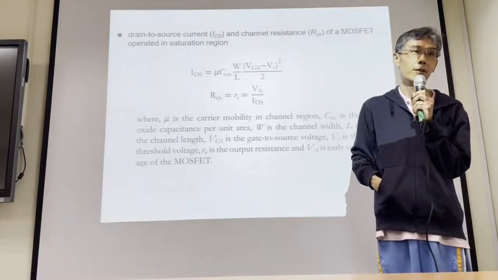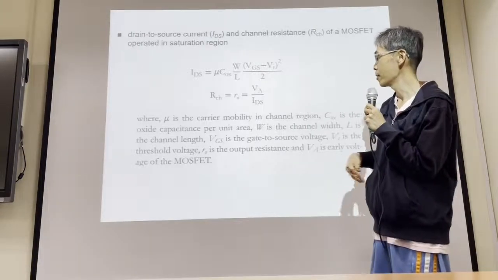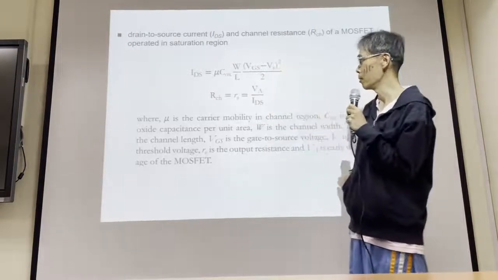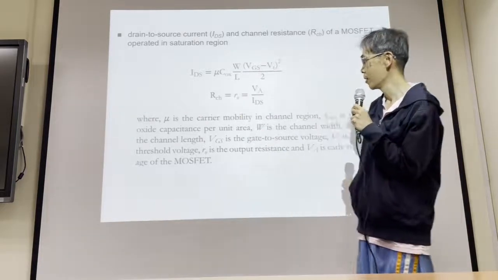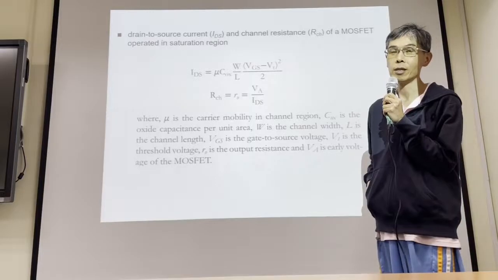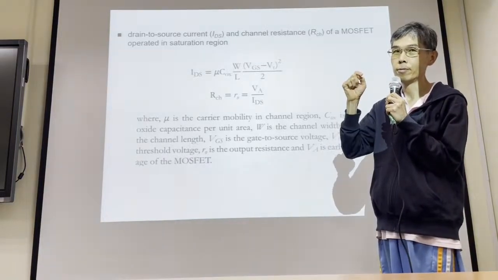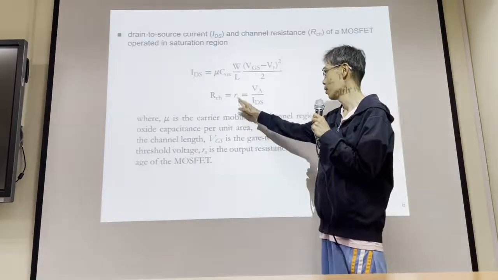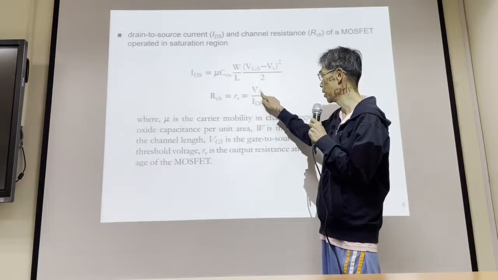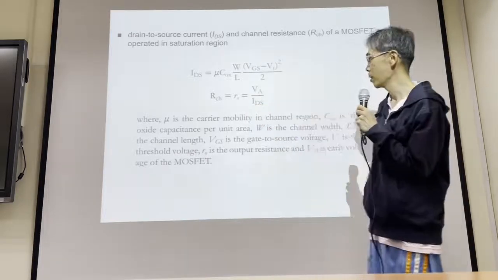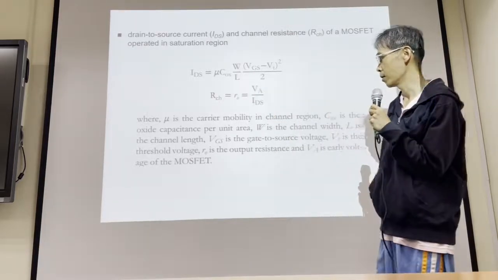Otherwise, there's no current, it's off. So this is the equation we are going to use. And this one is the resistance between drain and source. The resistance between drain and source equals VA divided by IDS. You can treat VA as the applied voltage.